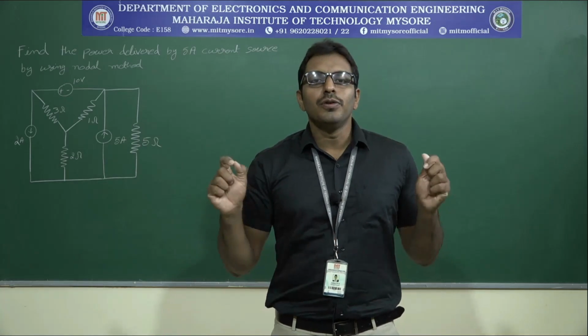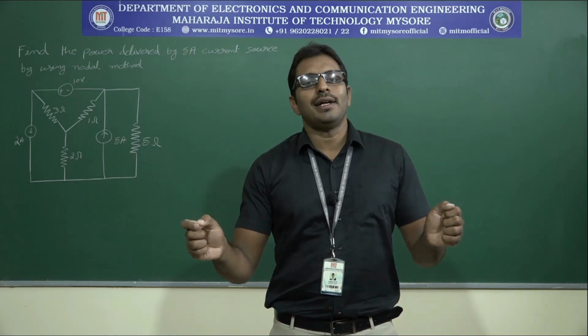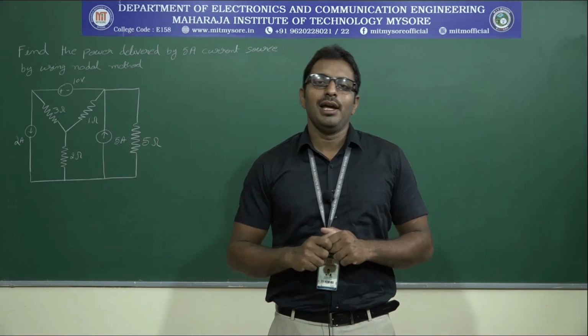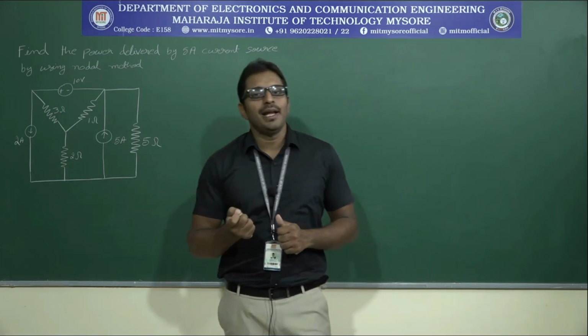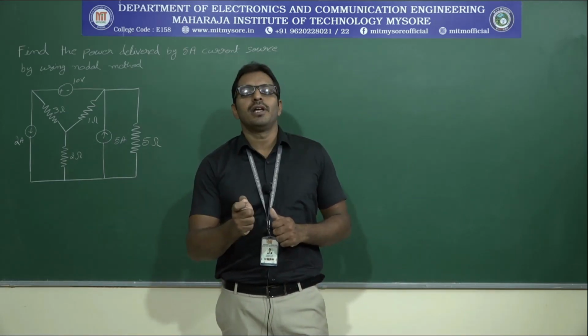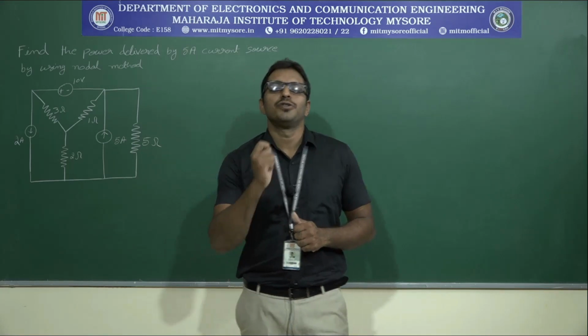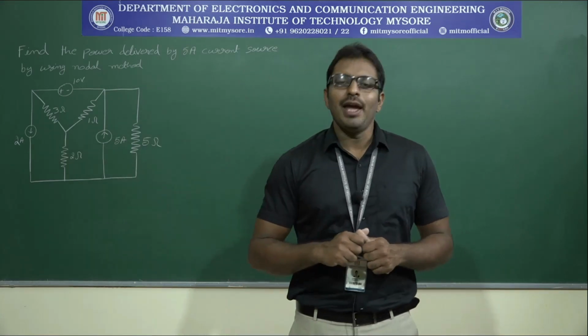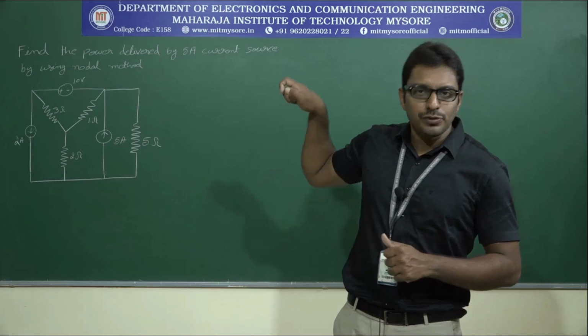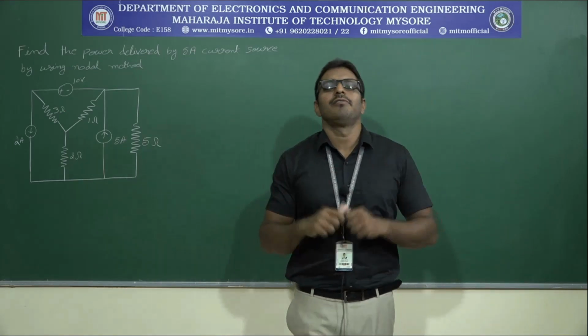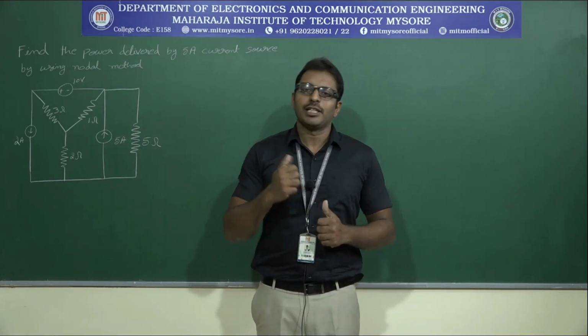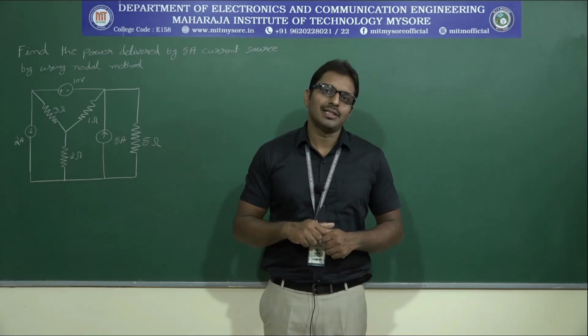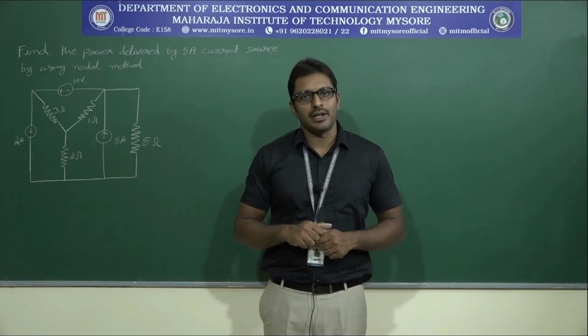I mean, two nodes directly connected by a dependent or independent voltage source is known as a supernode. If any circuit contains a supernode, the analysis will be different. Let me explain how to analyze a supernode circuit.